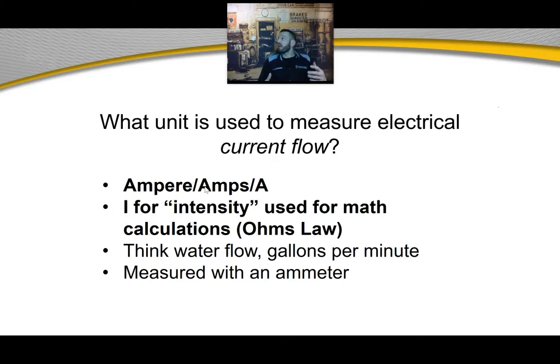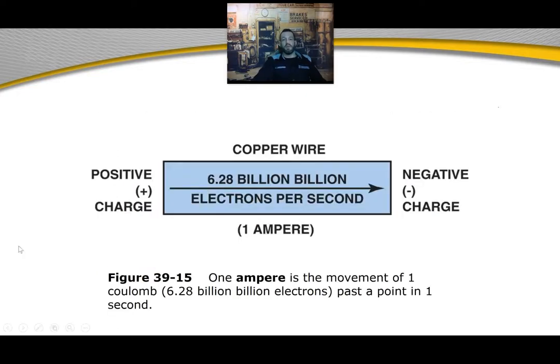Now, just thinking about this, how do you measure the water flowing through a hose? Can you just take your hand and grab the hose and be like, yeah, I know how many gallons per minute? No, you need to have a meter in there measuring it. One ampere, or amp, is a movement of 1 coulomb, which is 6.28 billion billion electrons, past a point in 1 second.